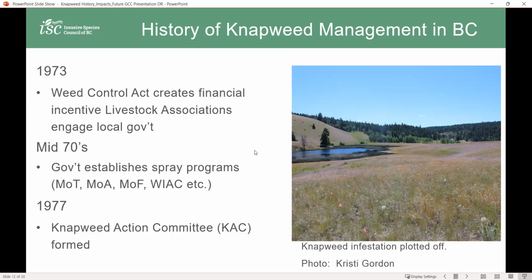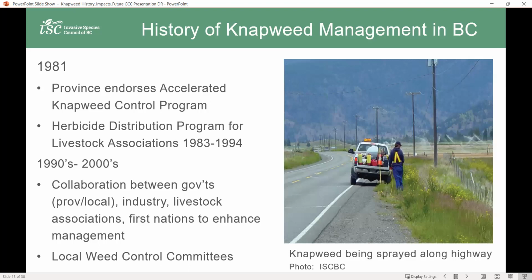In 1977, the province and the partners recognized that there had to be some sort of coordinated strategic approach to knapweed management in British Columbia if they were going to get a handle on it. And the Knapweed Action Committee was formed in 1977.